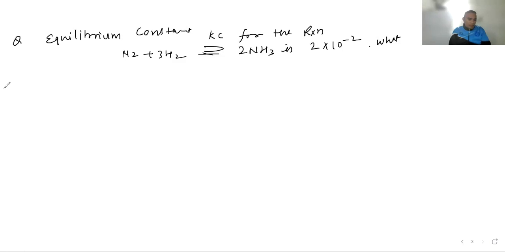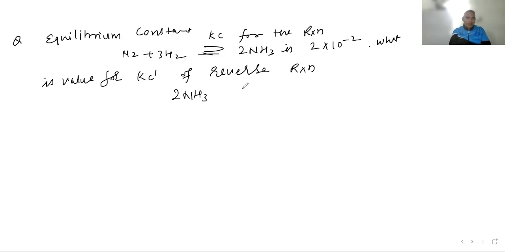What is the value of Kc dash for the reverse reaction, 2NH3 going to N2 plus 3H2? All of them are gases only. Try to solve it.